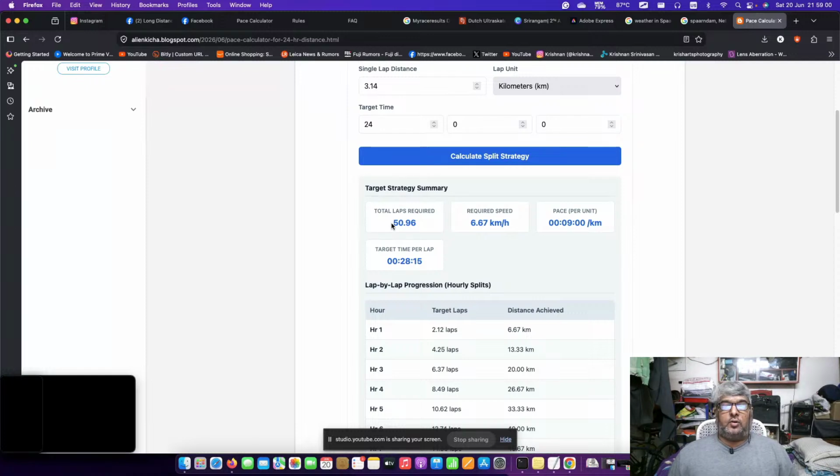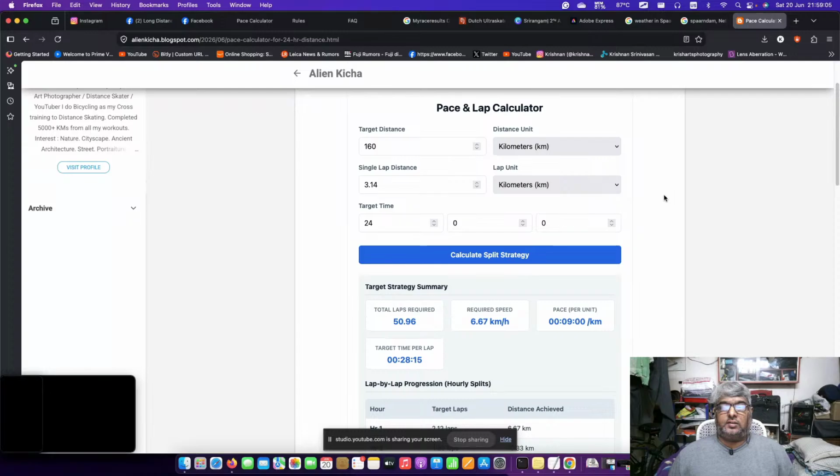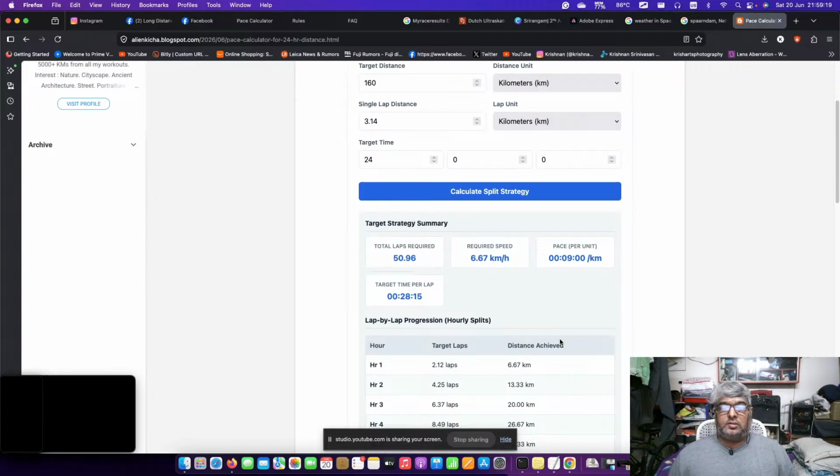Total laps required for this Dutch Ultraskate is 50 or 51 laps. I need to keep 6 to 7 kilometers per hour in speed. Pace per kilometer is 9 minutes, and the speed has to be kept at 6 to 7 kilometers per hour. Target time per lap is 28 minutes.